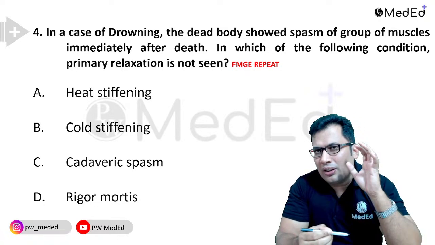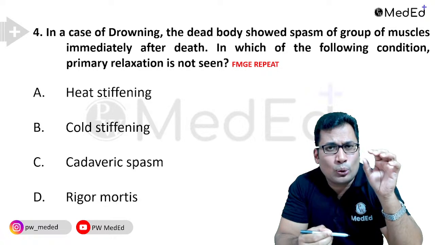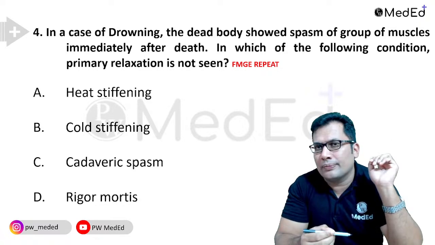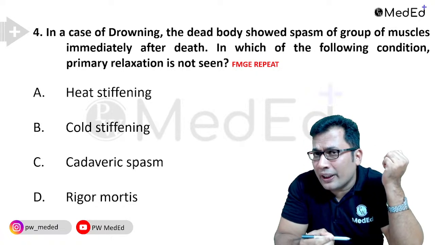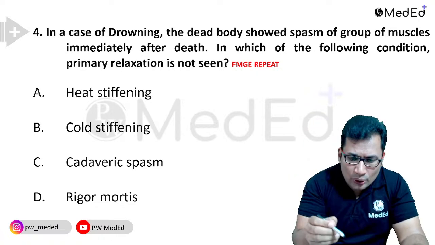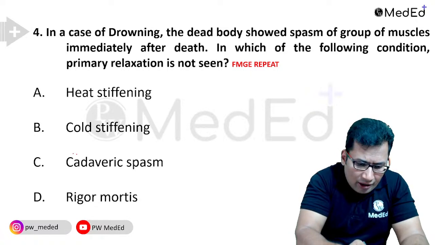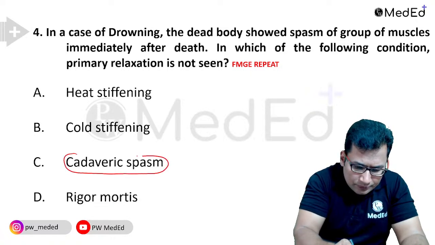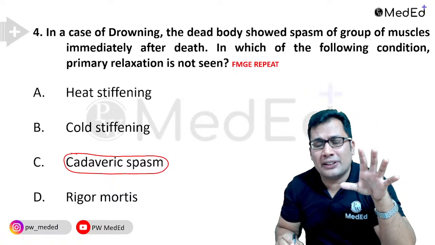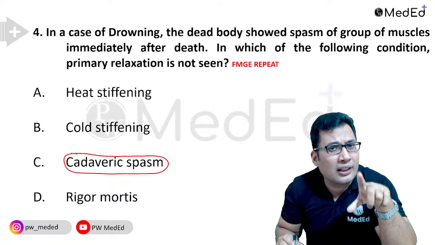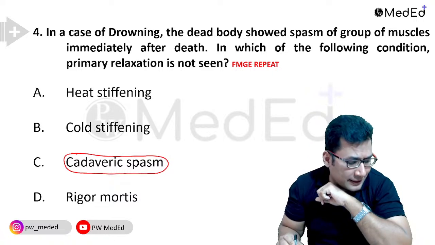Here, the question is about cadaveric spasm. Cadaveric spasm is also known as cataleptic rigidity. So the answer must be cadaveric spasm. Primary relaxation of all the muscles does not occur in case of cadaveric spasm.